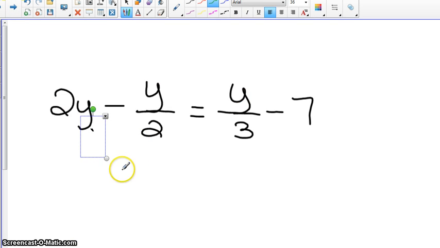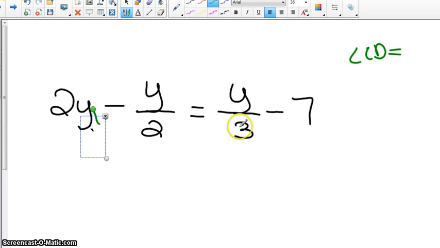Okay. And one more. 2y minus y over 2 equals y over 3 minus 7. Okay. There's stuff all over the place. I can still find the LCD for all of these fractions.